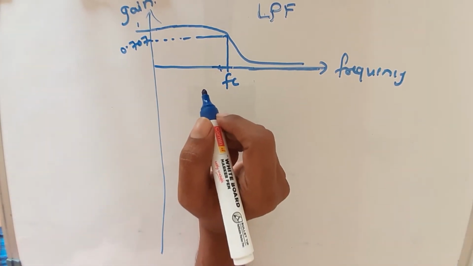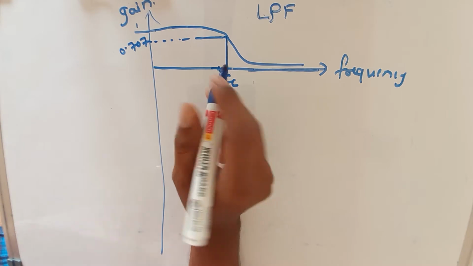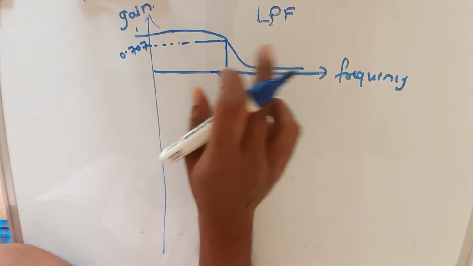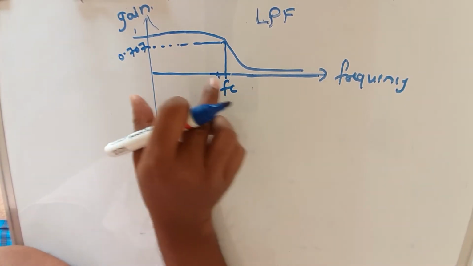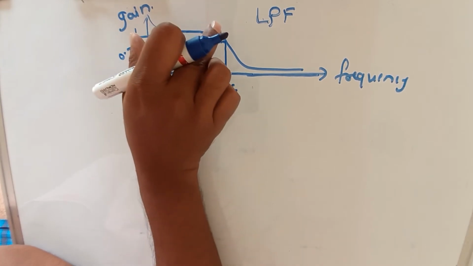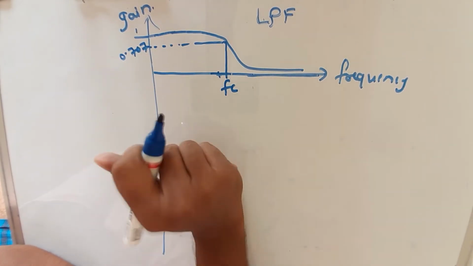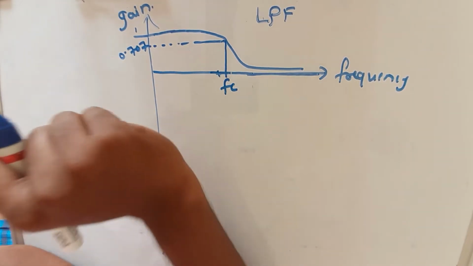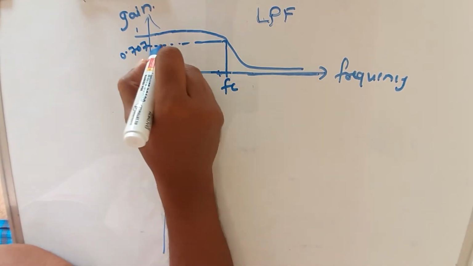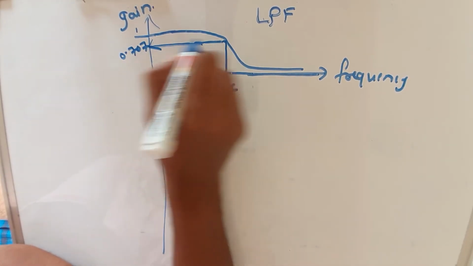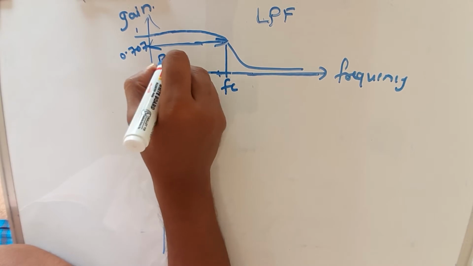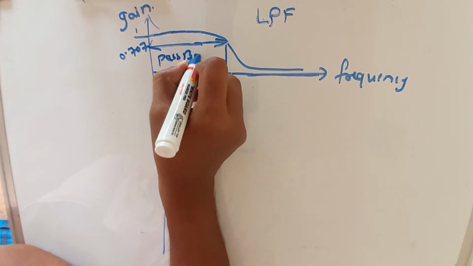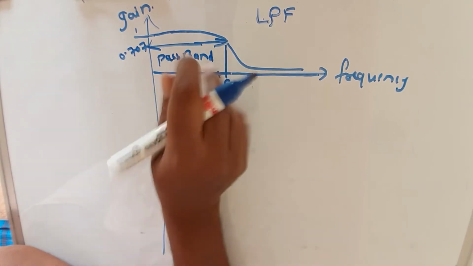The cutoff frequency differentiates the frequency response into two sides. One side has higher gain, and the other side has lower gain, or attenuation. For higher gain we call this the pass band of frequency, pass band PB.